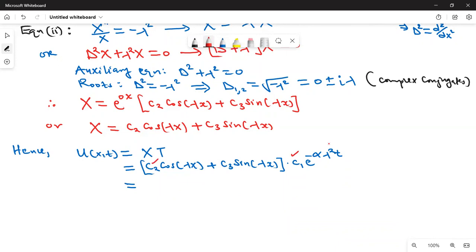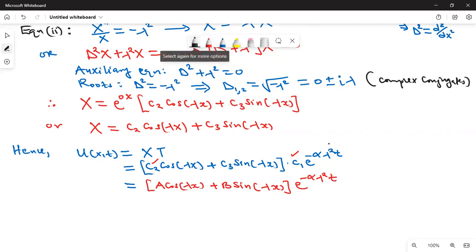This is A cosine of lambda x plus B sine of lambda x, times exponential negative alpha lambda squared t.